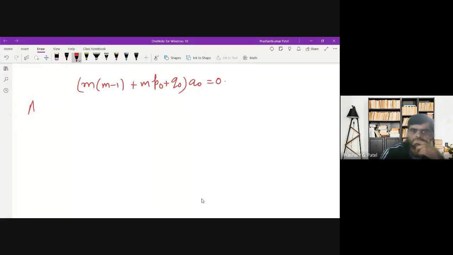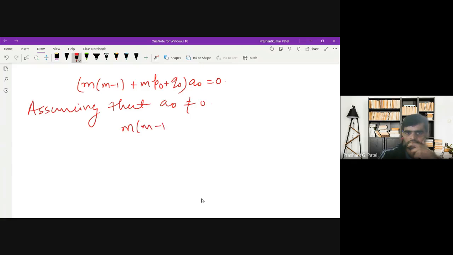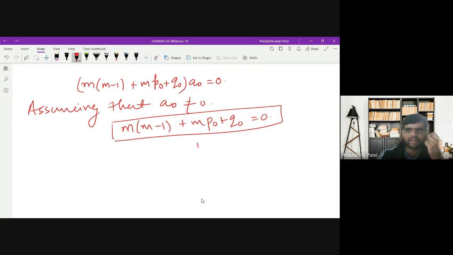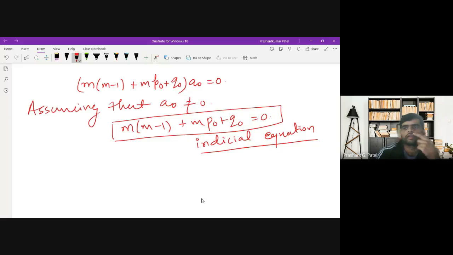And we assume this a0 is not equal to 0. Hence, you will have this quantity will be 0. And this is known as identical equation or a formula.